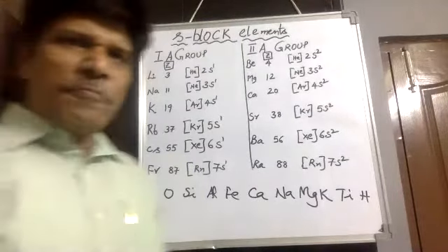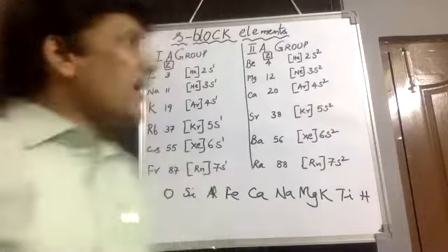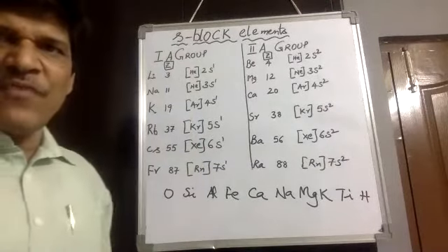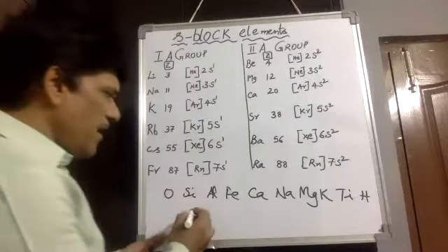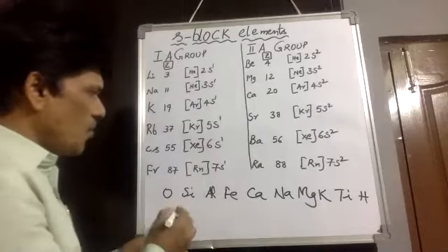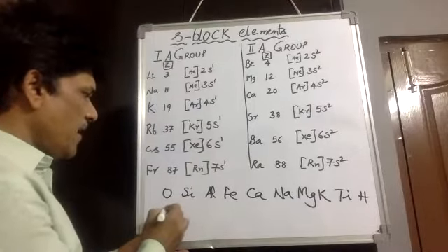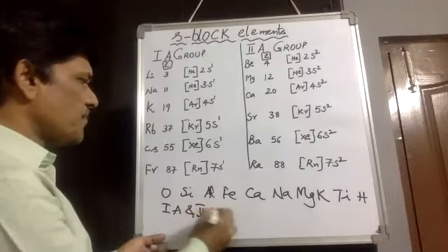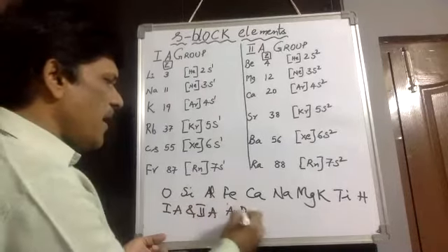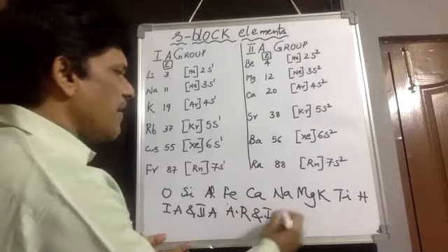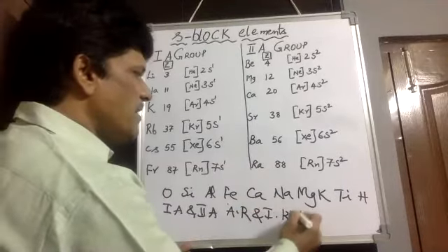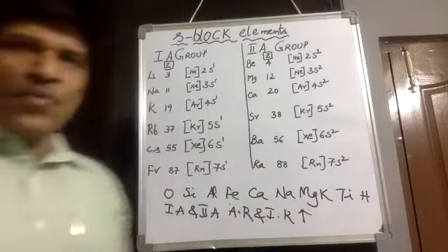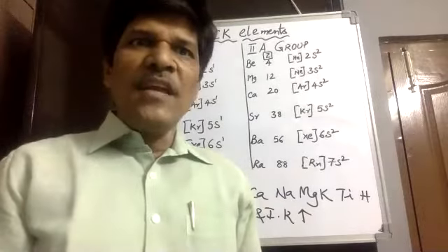Now their general properties. When we come to atomic and ionic radii, moving down the group, atomic radii increase for 1A and 2A group elements. Atomic and ionic radii gradually increase moving down the group due to the increasing shielding effect.